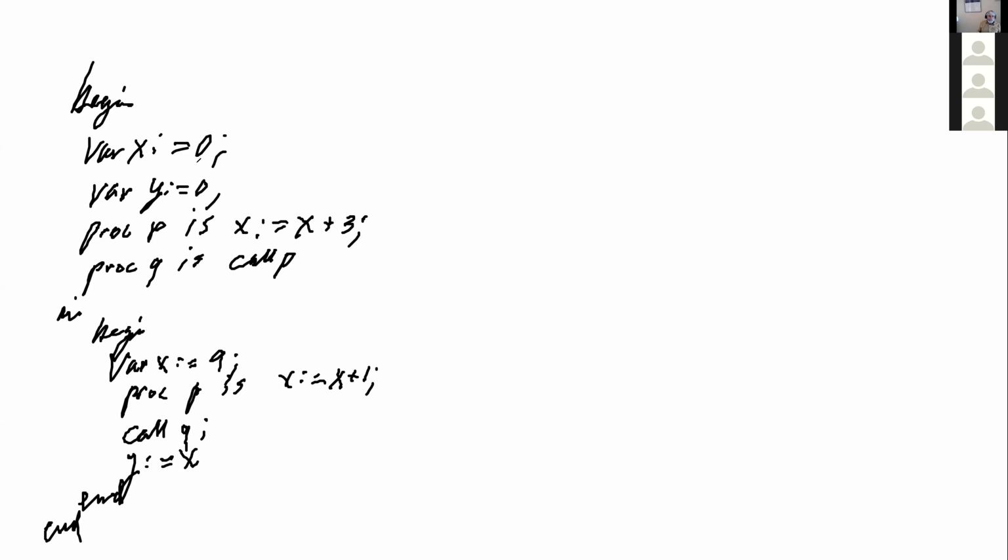If you don't know anything about implementing programming languages, you'll probably implement dynamic scoping, but it's generally considered to be an error.